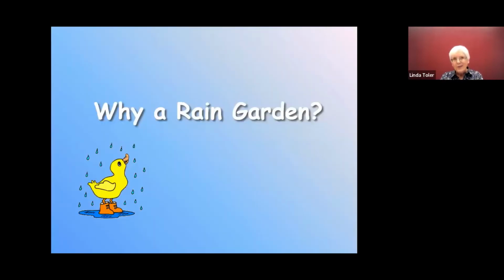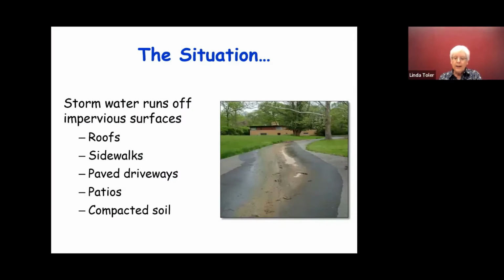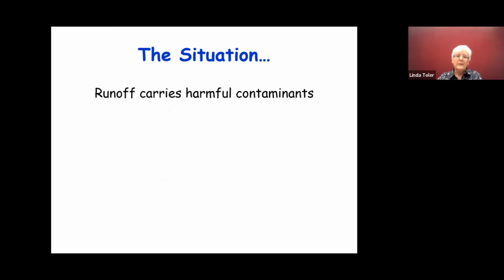Rain gardens are often misunderstood, so let's take a look at what they are, why they're important, and how they work. During a rain event or even a heavy snow melt, water will run off of all of the impervious surfaces in our landscape, things like roofs and paved areas and driveways and even compacted soil. And to a lesser extent, it will also run off of permeable surfaces like our yards and gardens.